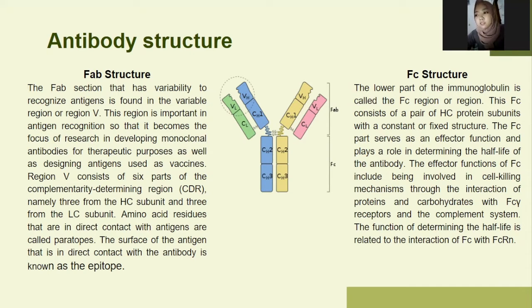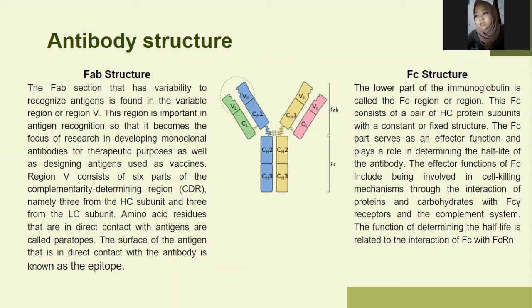The second is the Fc structure. The lower part of the immunoglobulin is called the Fc region. This Fc consists of a pair of HC protein subunits with a constant or fixed structure. The Fc part serves as an effector function and plays a role in determining the half-life of the antibody.